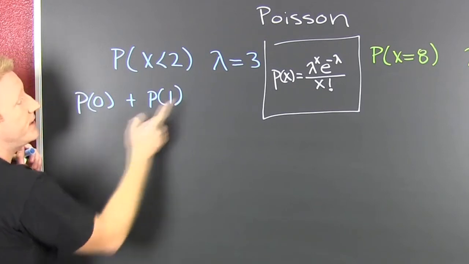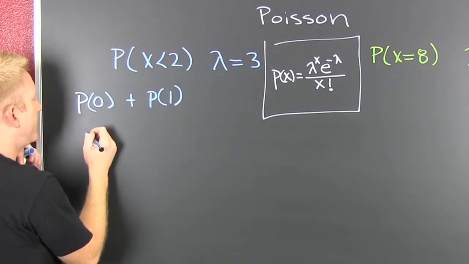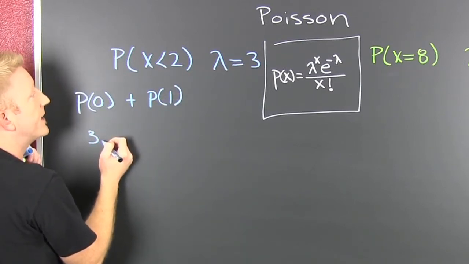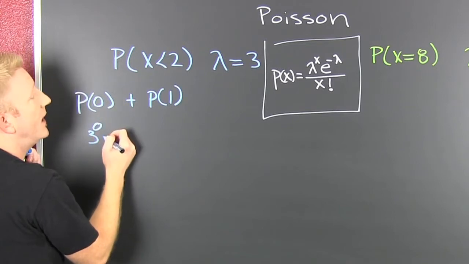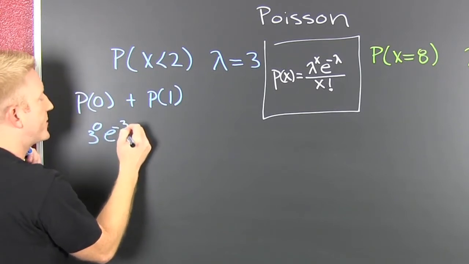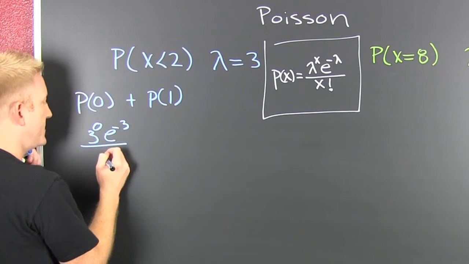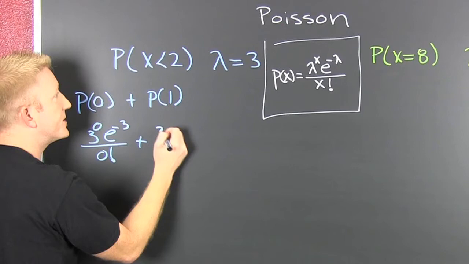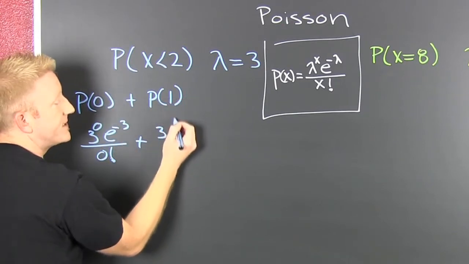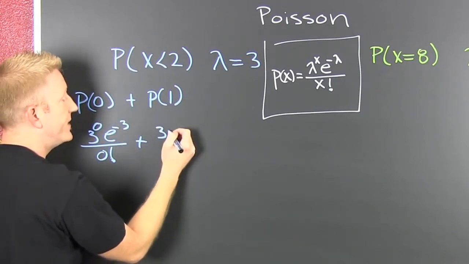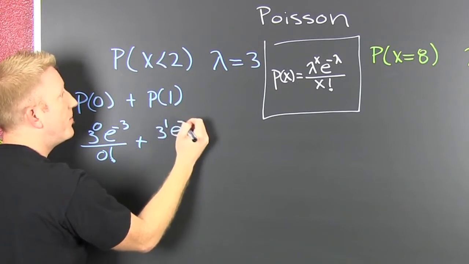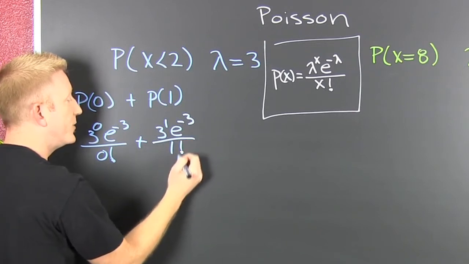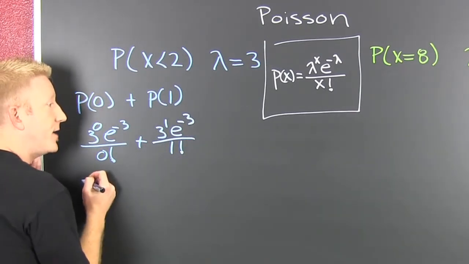So using that formula, lambda is 3 to the x, which is 0, times e to the minus 3 divided by 0 factorial, plus, my lambda is 3, my x is 1 this time, 3 to the 1, e to the minus 3, divided by 1 factorial, and then we calculate both of those.